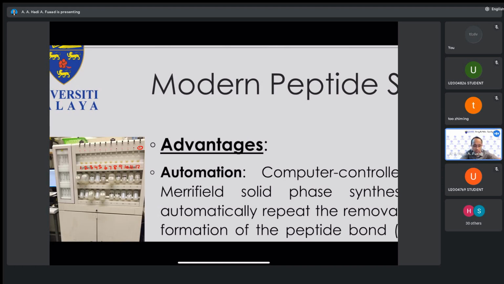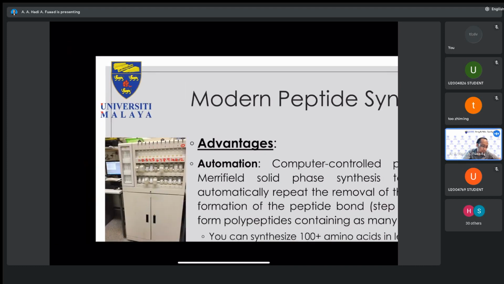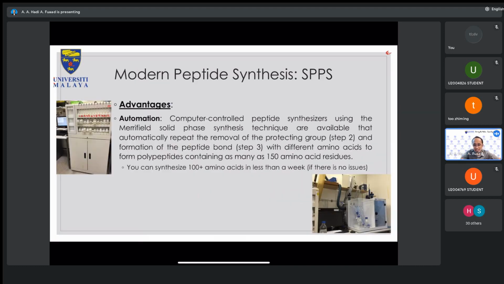Of course, the one that I'm building is not like this, and this instrument costs close to about 500,000 ringgit. Not that expensive, so to say, but if you were to purchase it in Malaysia, if you directly convert the price from US to Malaysia, that would be about 500,000. But if you purchase it in Malaysia, you know how the government works.